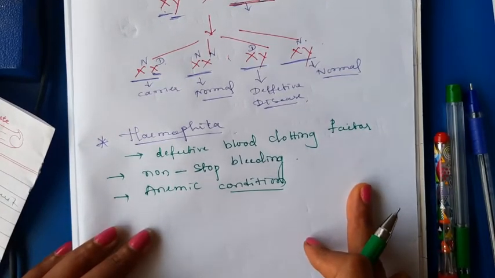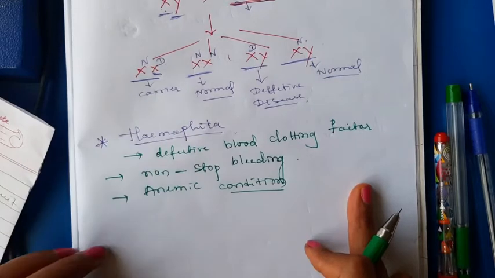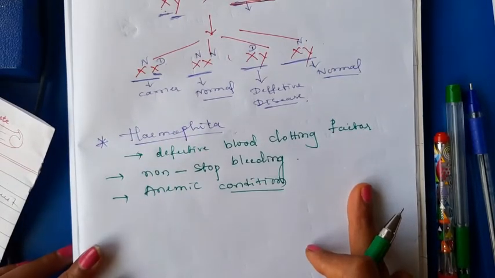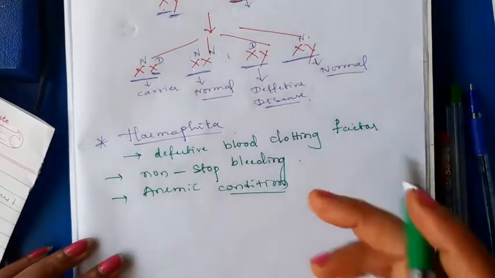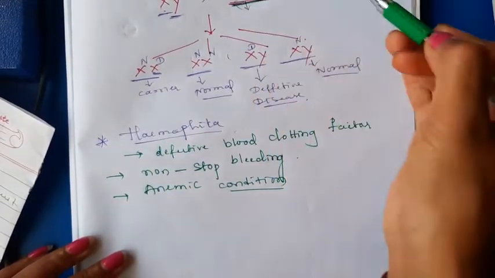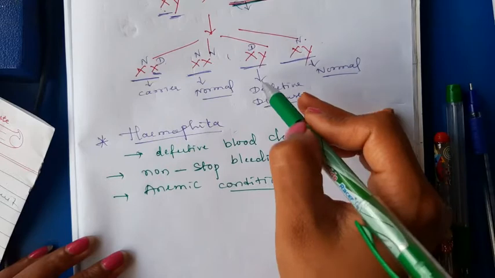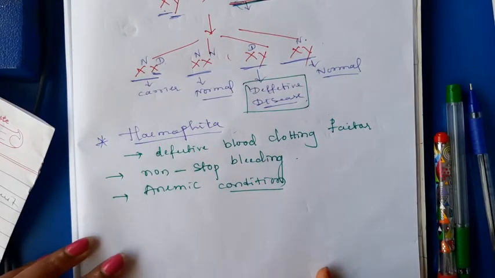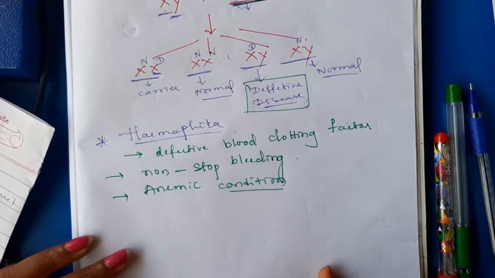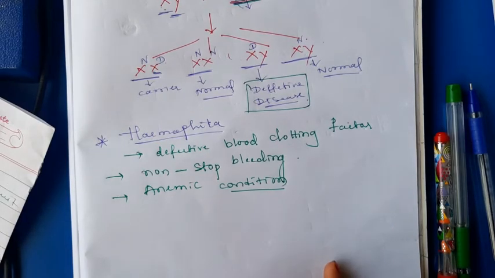In the heterozygous female, I told you, they act as carriers. They transmit the disease to their sons. The possibility of a female becoming hemophilic is extremely rare because two defective genes are necessary.